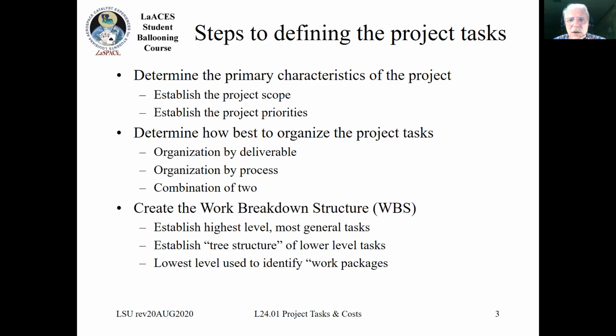So it's a tree structure that goes on. At the lowest level of your WBS are what are called the work packages. These are the entities where you can very easily assign a time and a cost, and then as you roll up all the work packages through your WBS, you can get a fairly accurate estimate of the time and cost of your project.